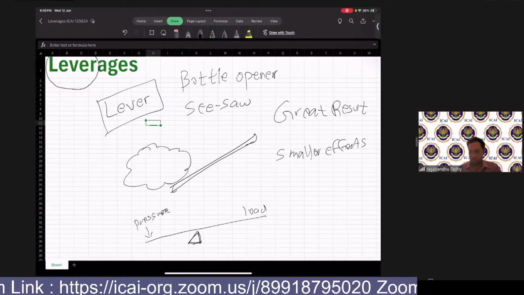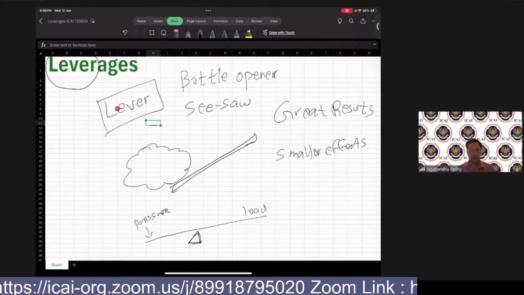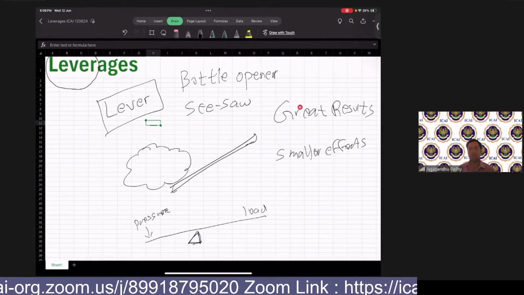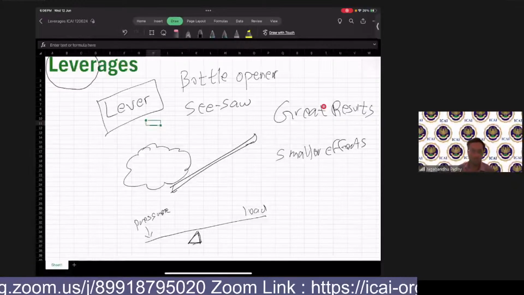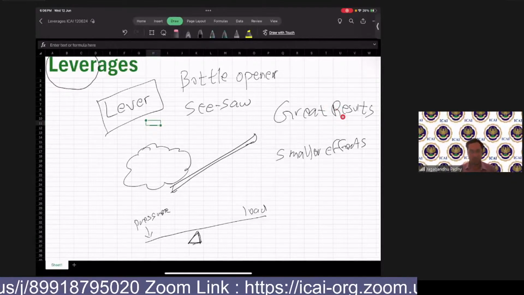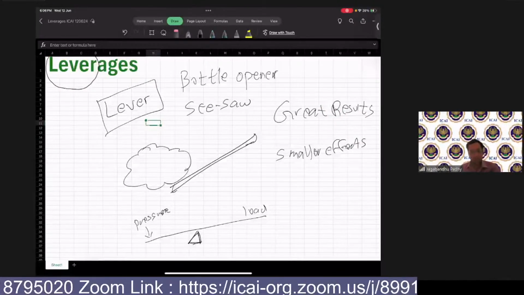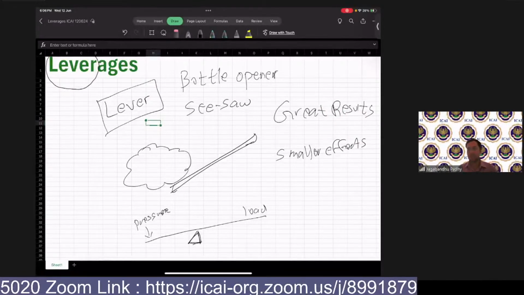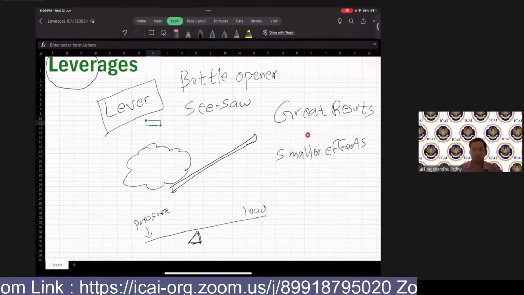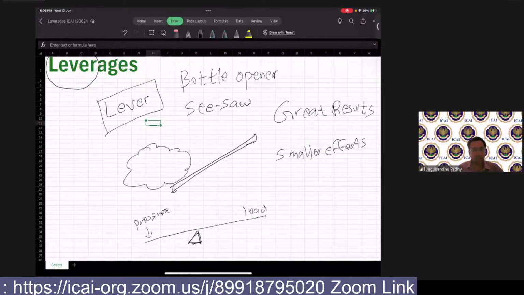So the role which a lever plays in our day-to-day life, which we learned in physics, is that we are able to attain some really challenging tasks or great results with a smaller amount of effort. In finance also, we are going to observe a concept in the financial statements similar to this task that a lever does.